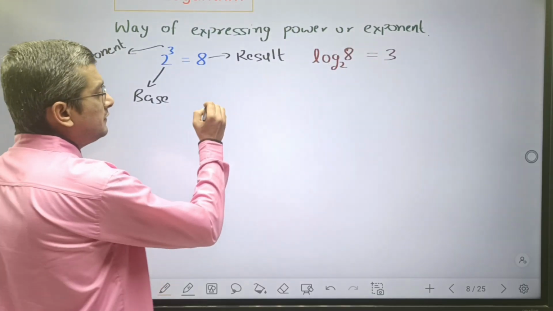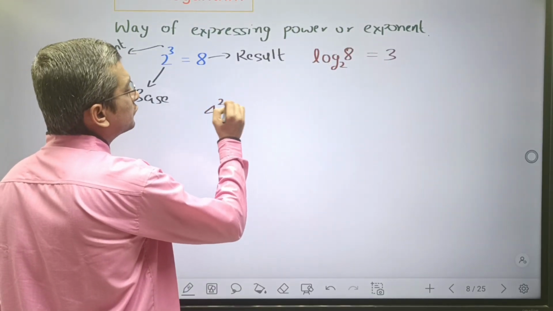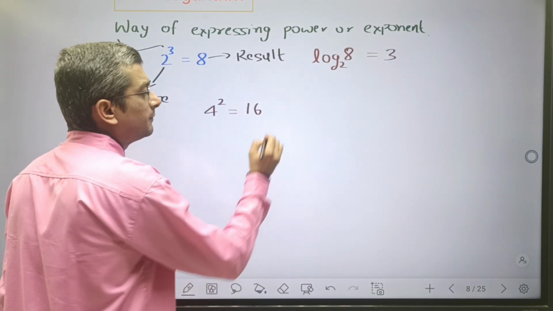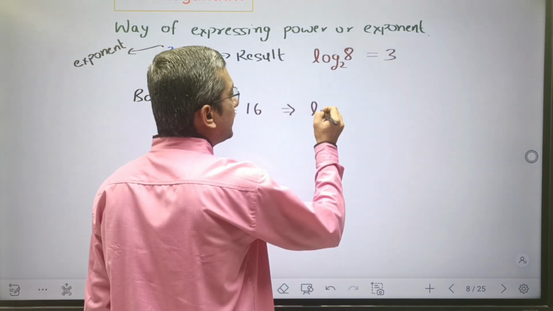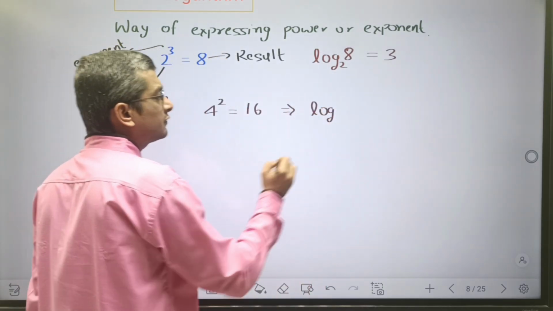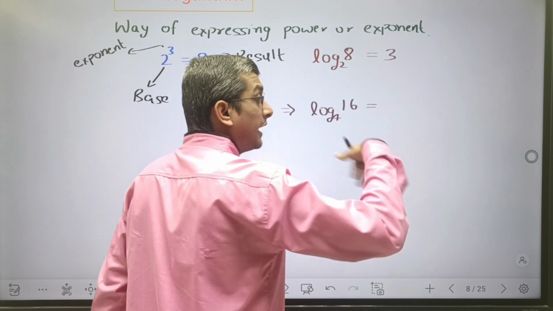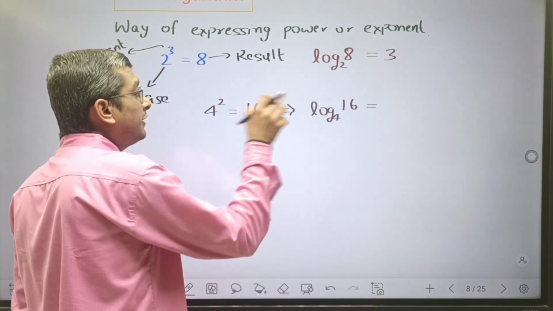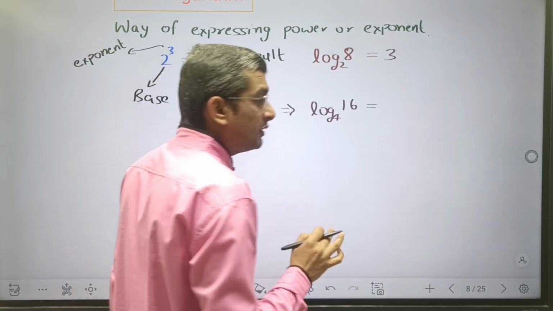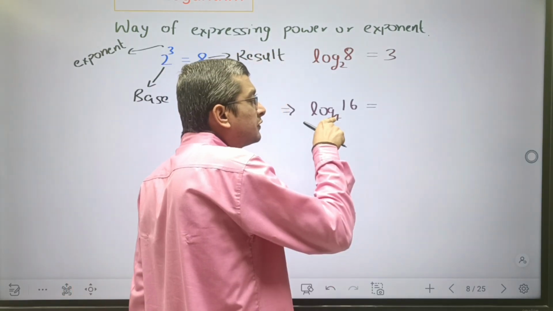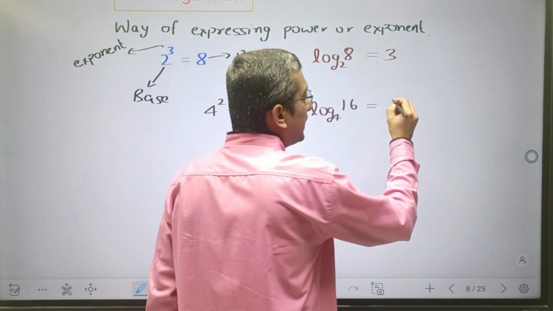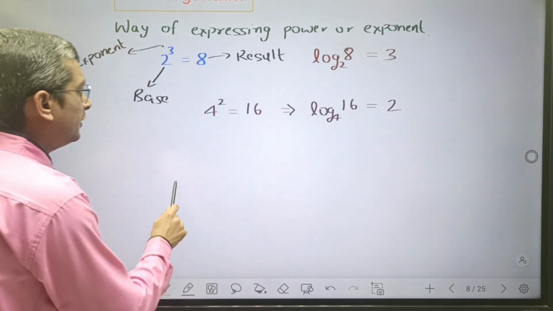For example, if I write 4 square is equal to 16, then in terms of log we can write log base 4, result is 16, and the right hand side will have the exponent. It means, to what power do we raise 4 to get the value 16? That is 2, isn't it?